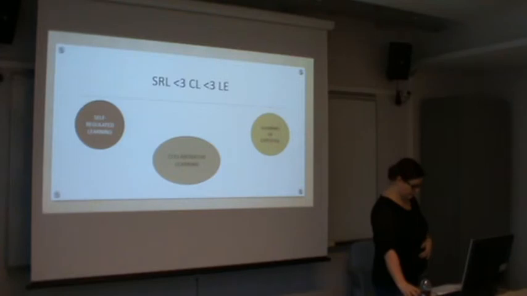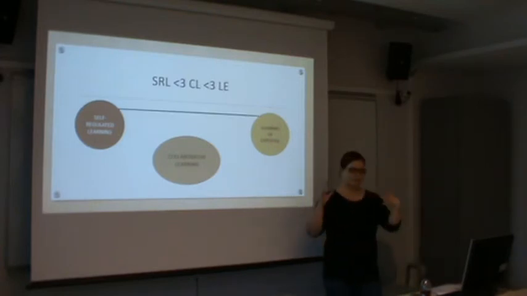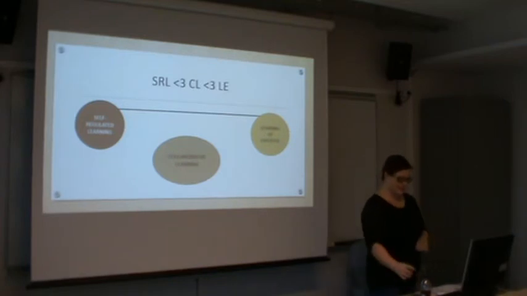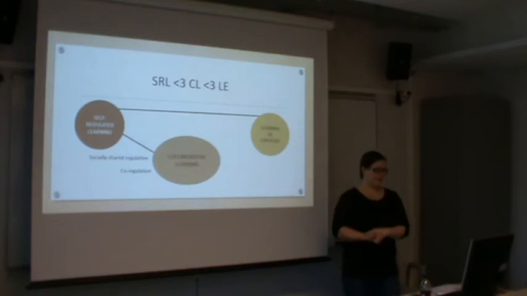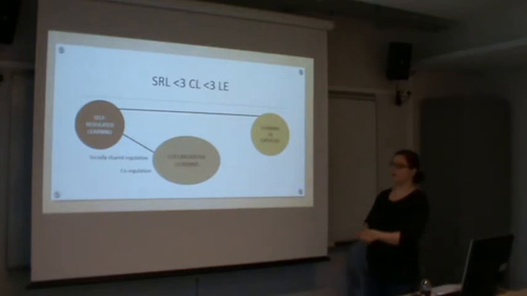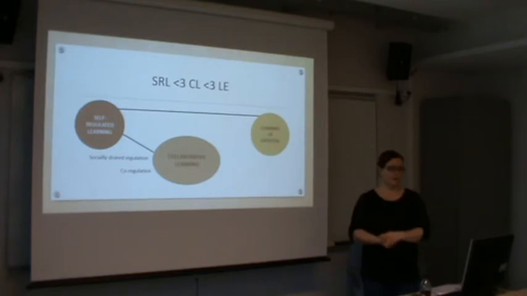And just to mention a few concepts that are in between those main themes in our course. When we talk about self-regulated learning and collaborative learning, there are concepts like socially shared regulation and co-regulation of learning. I don't know if you have heard those terms, maybe in the SRL course.